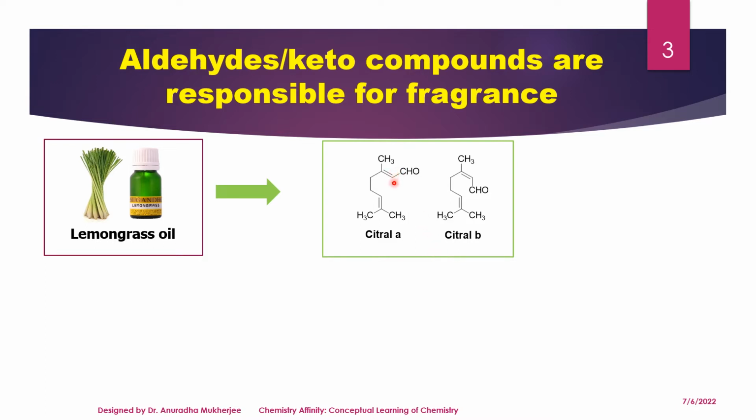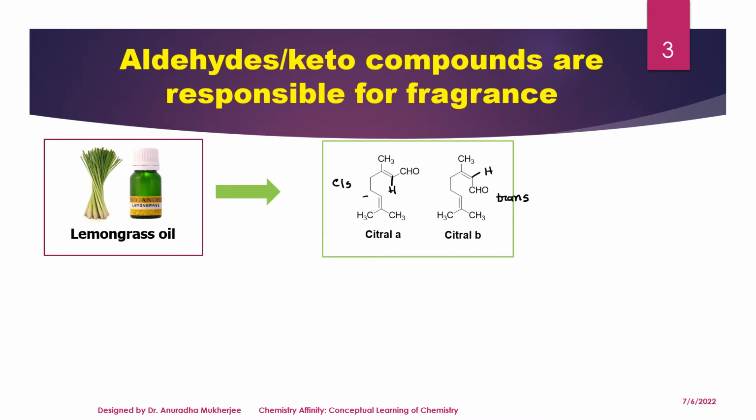Citral A, here you can see this is a cis configuration, and citral B is a trans configuration. In citral A, you can see CHO and methyl both in the same direction, and in citral B, CHO and methyl are in the opposite direction. So that's why it is trans, and this one is cis configuration.